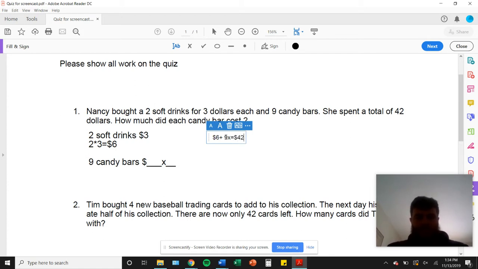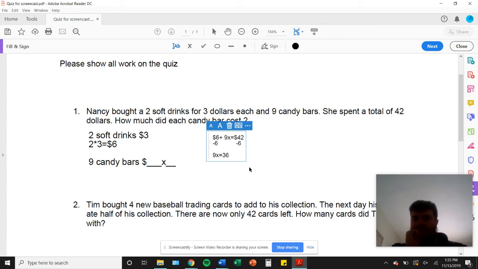Now, do you know where I'm getting the $42 from? That's coming from this: she spent a total of $42. So in the end, this is what our equation should look like. Now we're going to subtract 6 from both sides. So we get 9x on one side equals, what's 42 minus 6? That's going to give us 36.